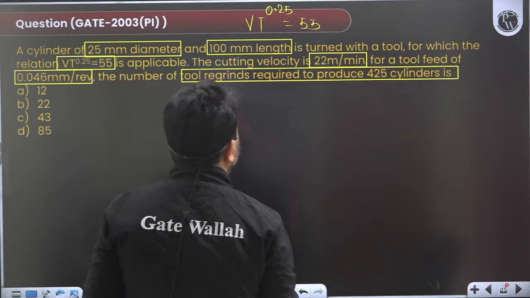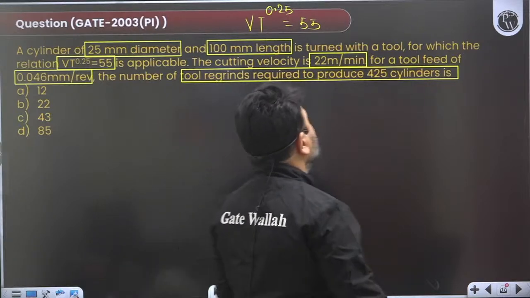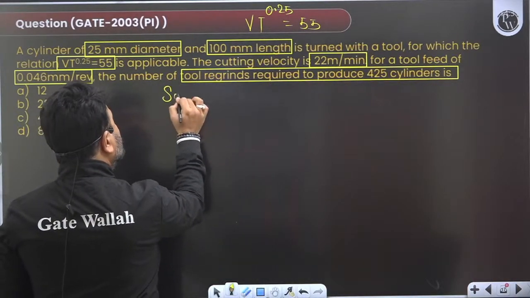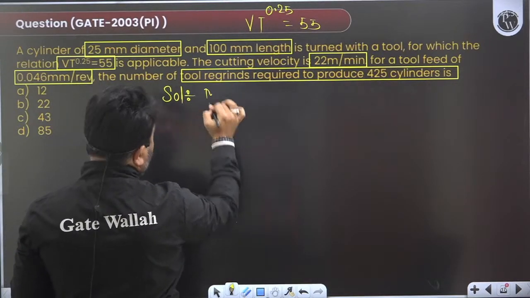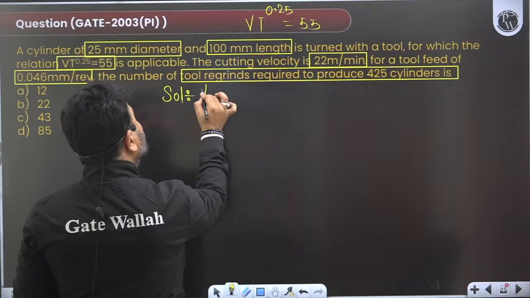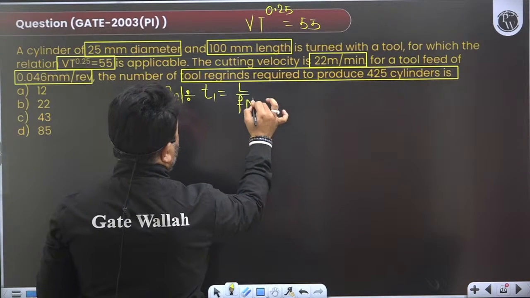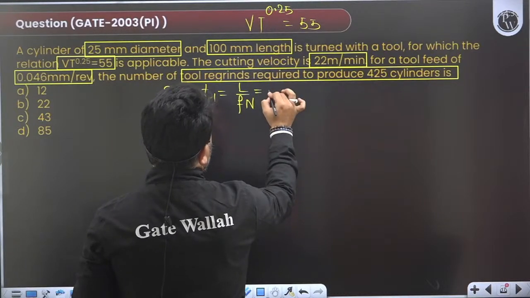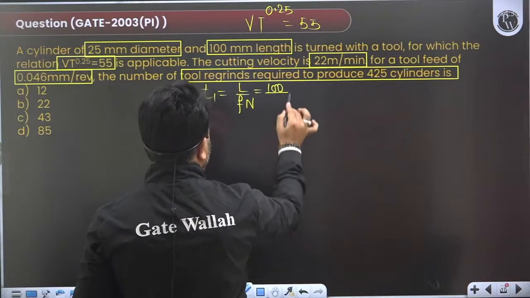So what to do? First of all, we need to find the machining time of one cylinder. Machining time of one cylinder is L divided by Fn. The length of the cylinder is 100, divided by, okay, here RPM is not given.